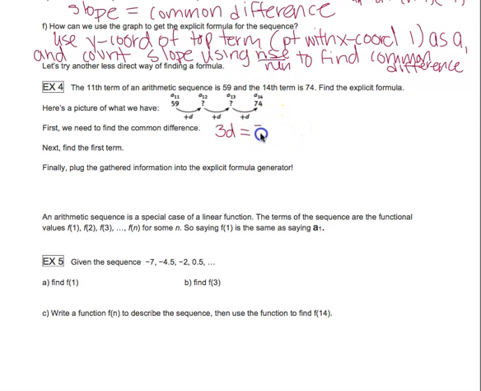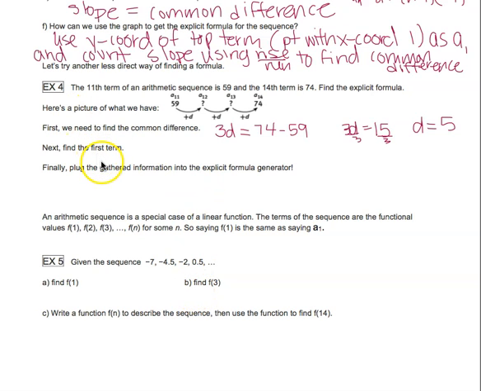So I can say 3D equals 74 minus 59. So 3D then equals 15. And so then that tells me when I divide both sides by 3 that D equals 5. My common difference would be 5.